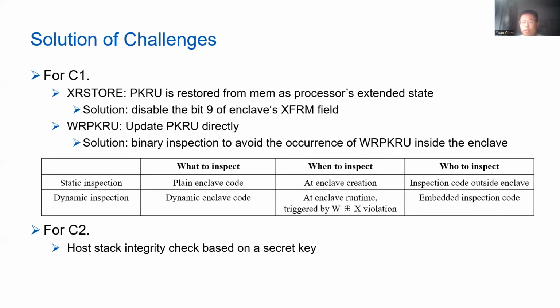It works at enclave creation, outside the enclave. Dynamic inspection targets dynamically loaded or generated enclave code. It works at enclave runtime, and it is triggered by a write XOR execute permission violation. And it relies on a small piece of embedded code inside the enclave to finish the inspection process.